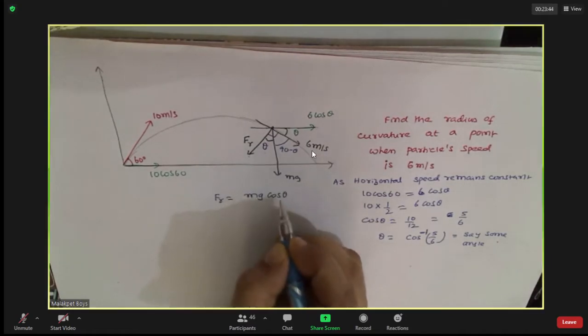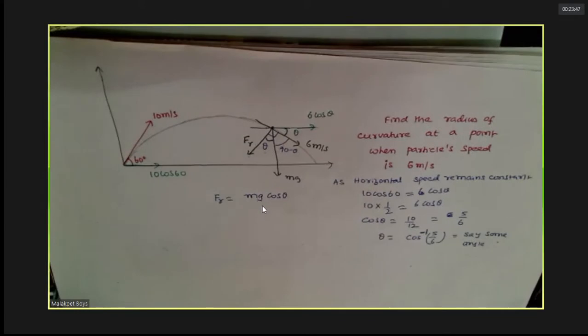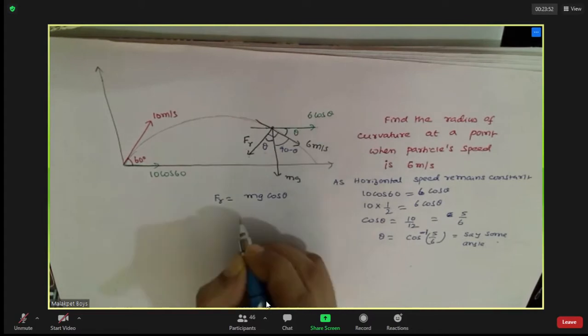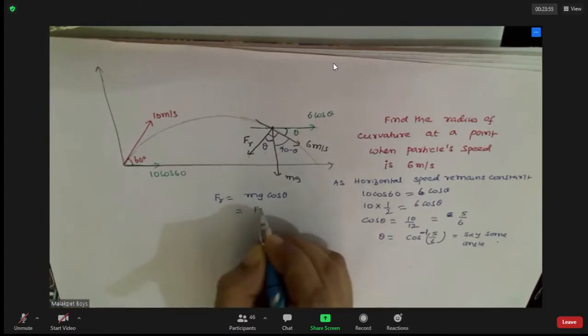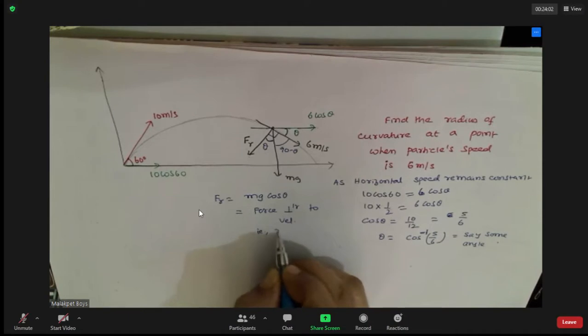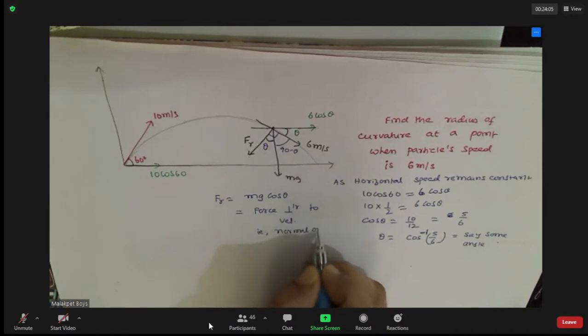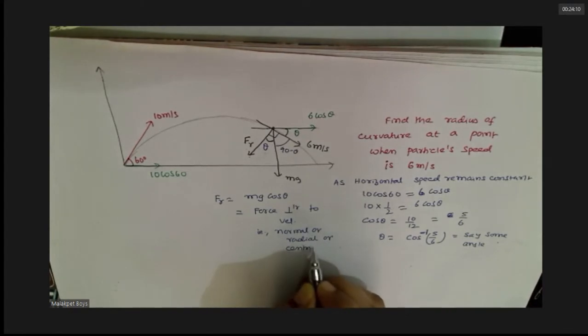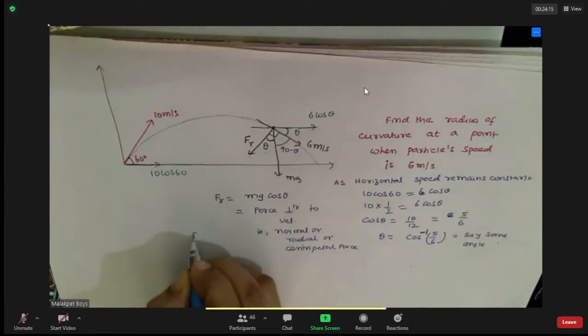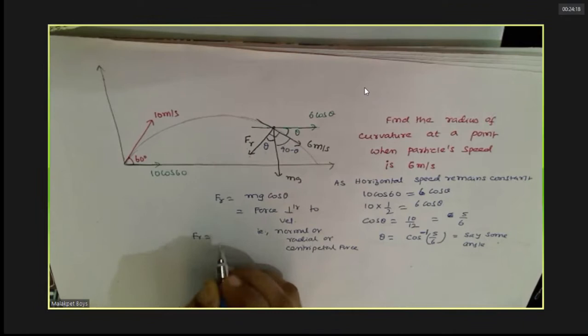Force towards the center is Fr, which is mg cos theta only. So Fr by m is nothing but AR.